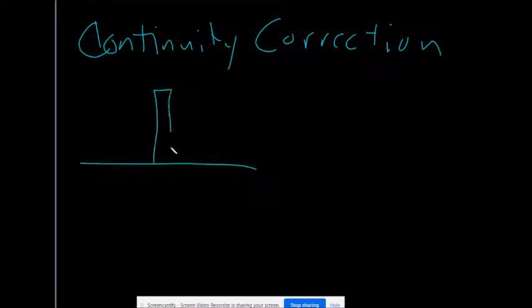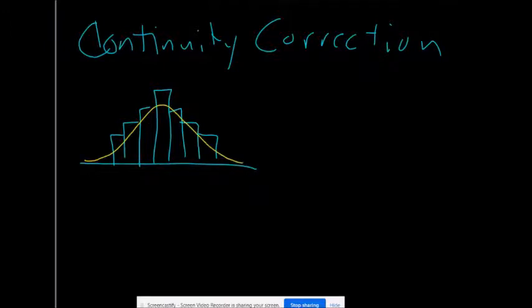Because if we look at a binomial, and we want to estimate or approximate this using a normal curve, and let's say we're talking about right here on up, you'll notice that we're missing out on this section here underneath the curve, and then there's this little bitty piece. So there's some error here. How we can adjust for this error is by doing what's called a continuity correction.